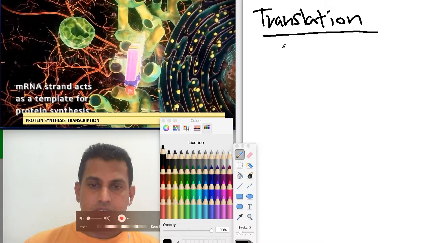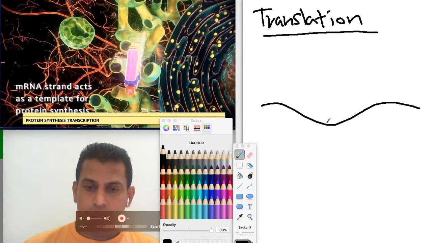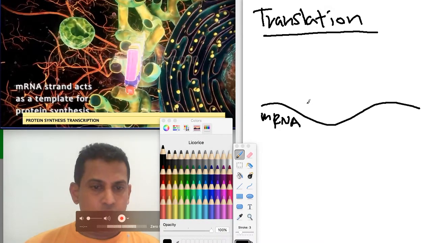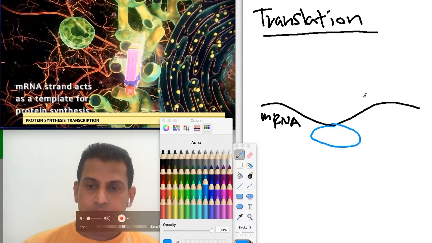During the translation, the first step is, that's our mRNA, newly arrived from the nucleus, waiting to make the proteins. The first step is the assembly of the ribosome and the tRNA molecules.